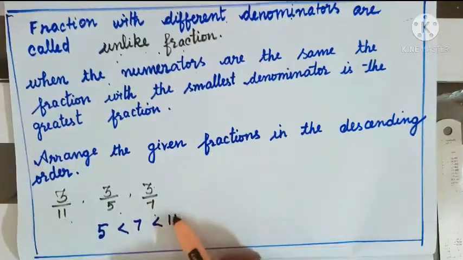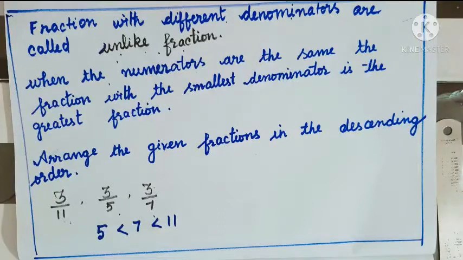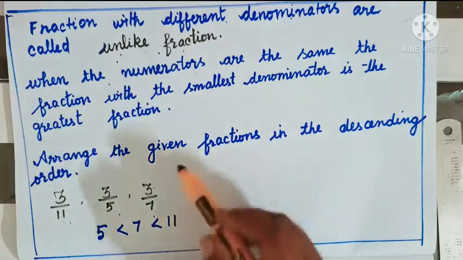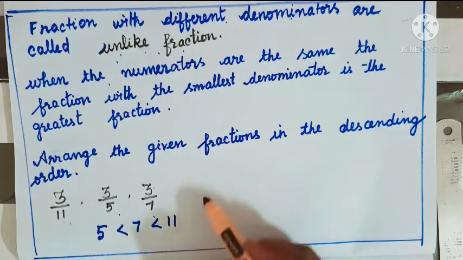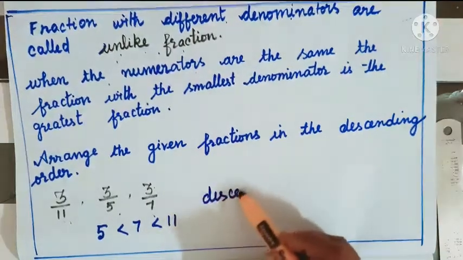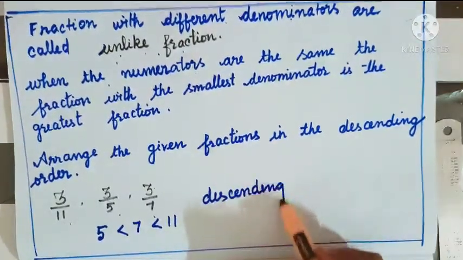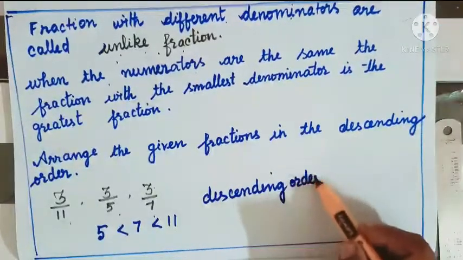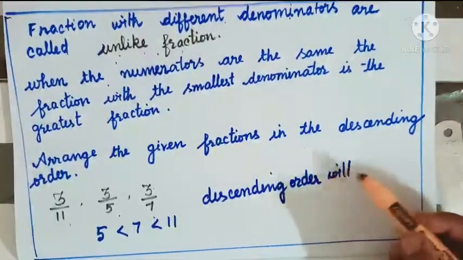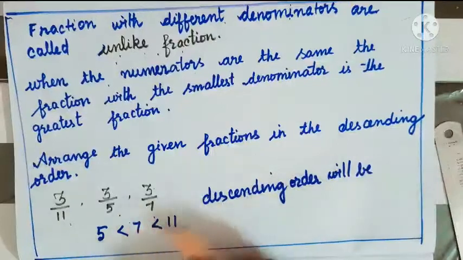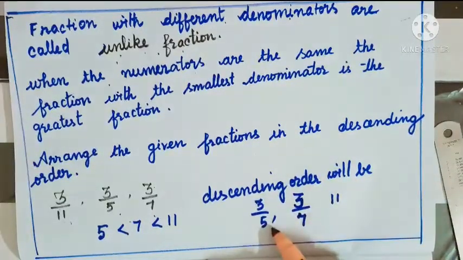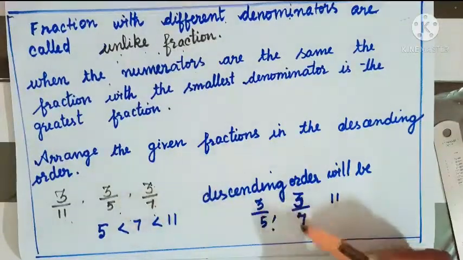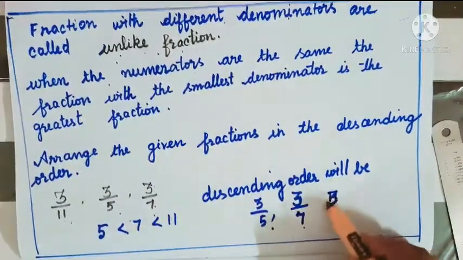Then 11. Understand? So, in this order, you will arrange and write for the descending order. So, what will be the order? You can say along with me, 3 by 5, after that 3 by 7 and 3 by 11.